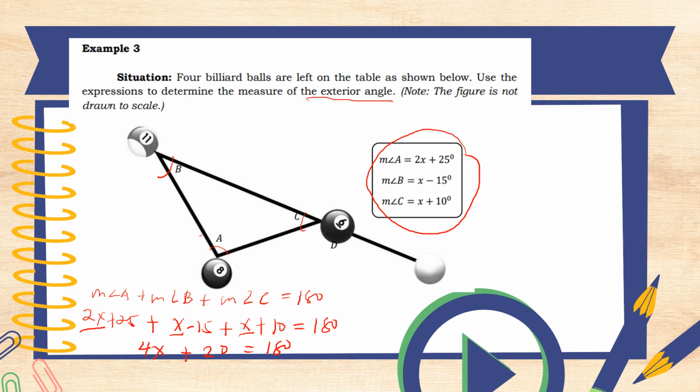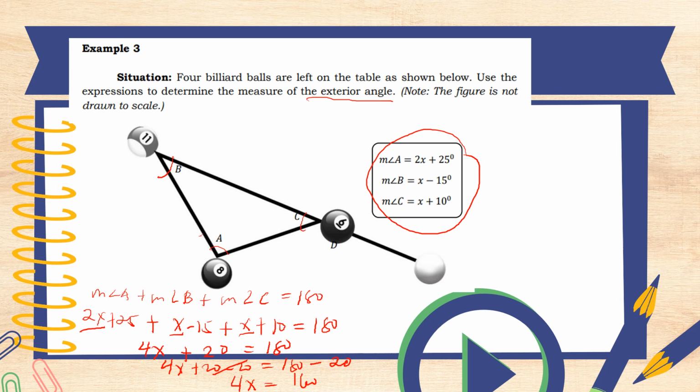Applying the subtraction property of equality, we have 4x plus 20 minus 20 equals 180 minus 20. Applying the identity property, this is 0. And simplifying it further, 4x is equal to 180 minus 20, which is 160.